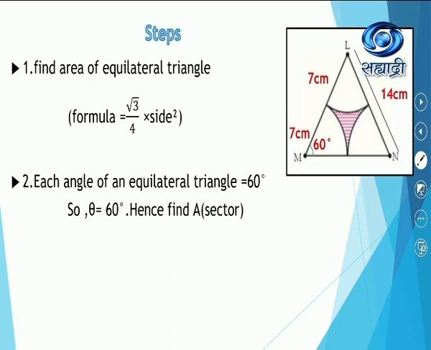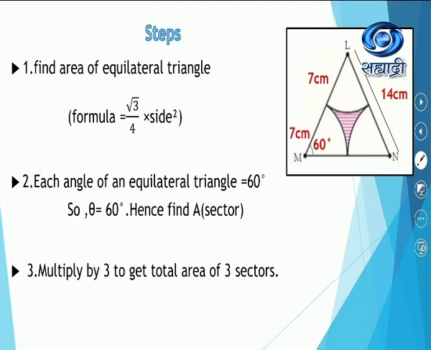So for that you must understand the angle of an equilateral triangle. Each angle of an equilateral triangle is 60 degrees. Therefore, your theta is 60 degrees. And radius of the sector is 7 centimeter. So you know the values of theta and r. You can find out the area of sector by using the formula.